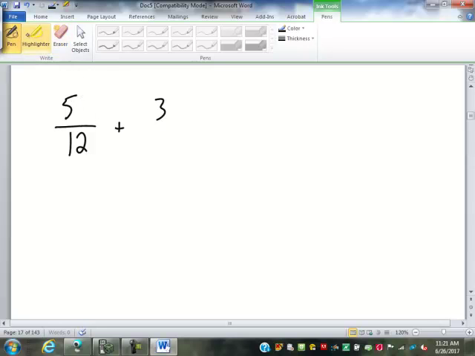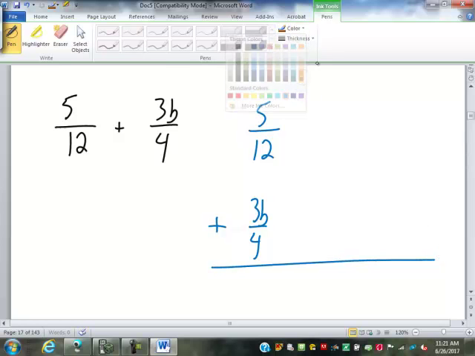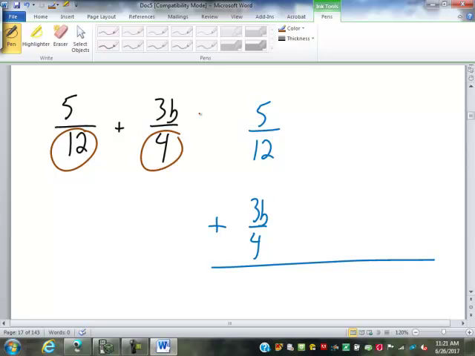Actually, let's do this. 5 twelfths plus 3b over 4. Common denominator here is going to be pretty simple to find. Between 12 and 4, what's my common denominator?